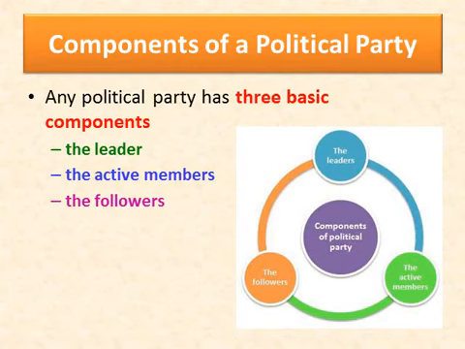The active members are the lakhs of members and political activists across the nation. They play an important role in promoting the agenda of the party, including a focus on issues and various policies and party leadership. Then the third component is the followers.